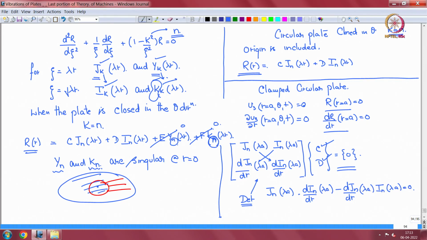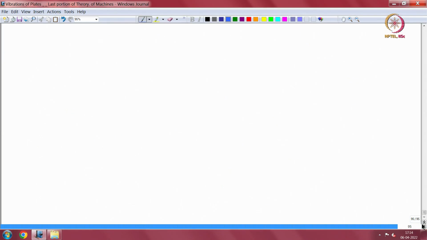Okay, so now this is satisfied by many lambda a's, many values of lambda a will satisfy this equation. So let's call them the mth order. So lambda a, the m values, let us say going from 0, 1, 2, satisfy the equation.